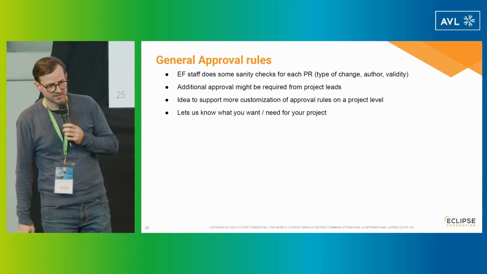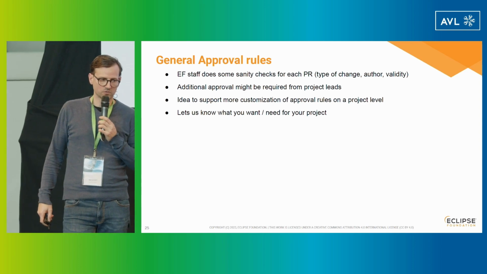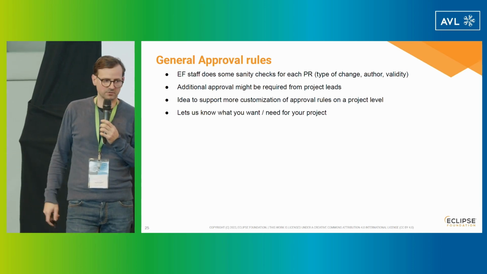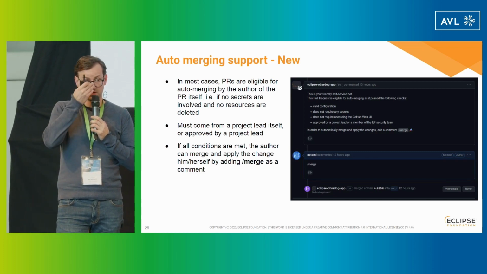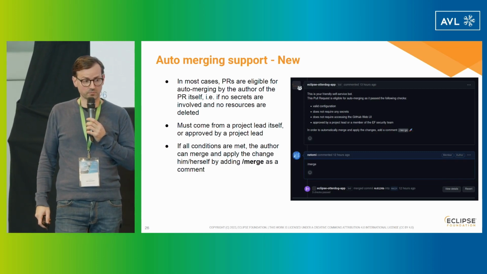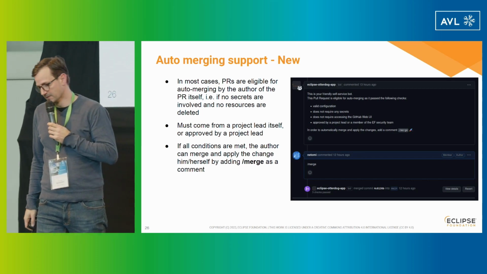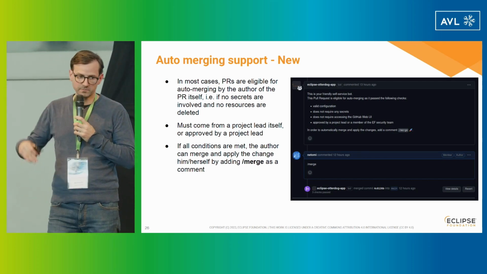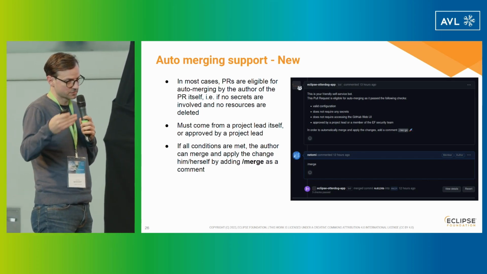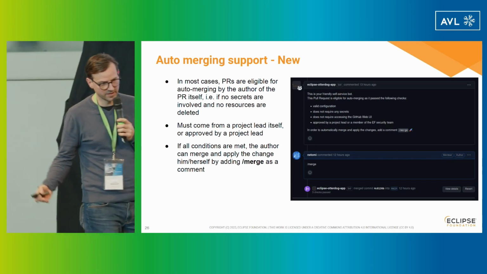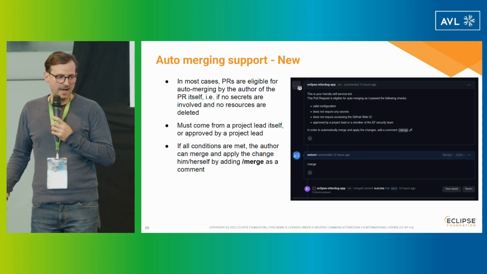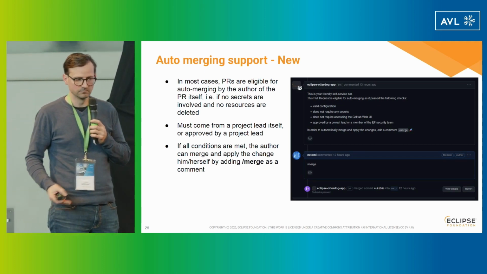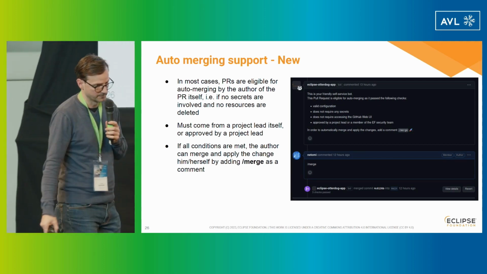But yeah, just let us know what you would like to have or need for your project, so that we can actually do that. Something that we just did recently is also to provide some kind of auto-merging support. It means that if a PR has been created, if everything is green, no resources are deleted, no secrets or credentials are required, and it's approved by a project lead, then you can just merge it right away.